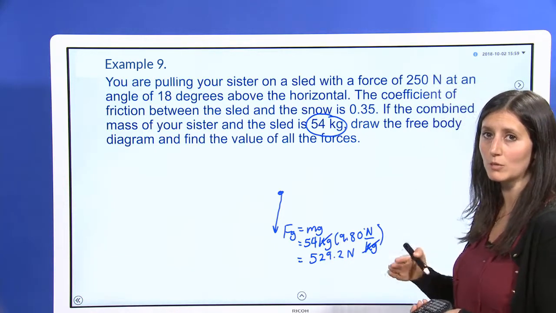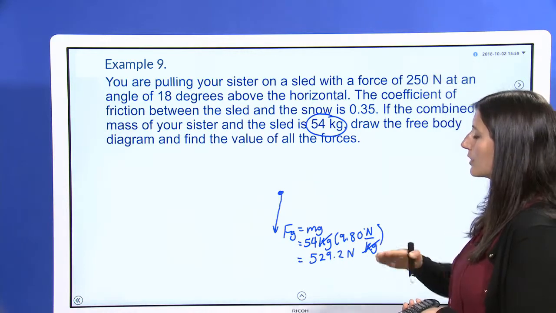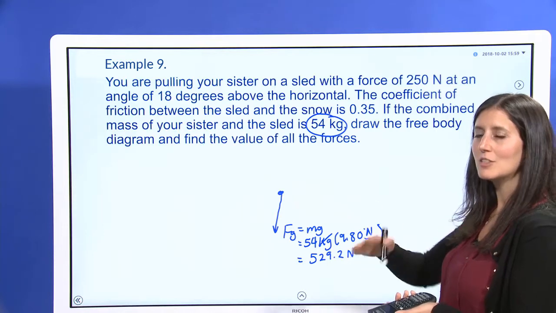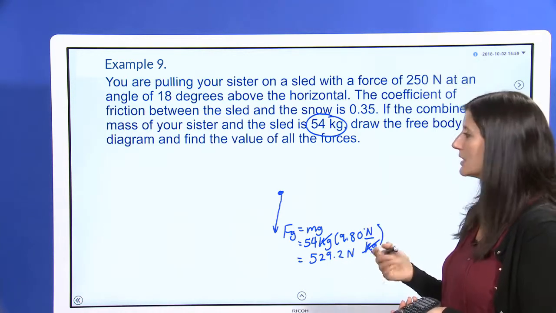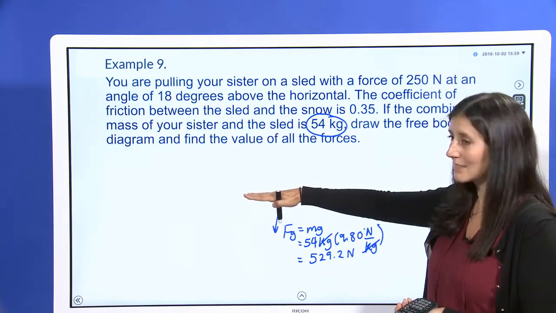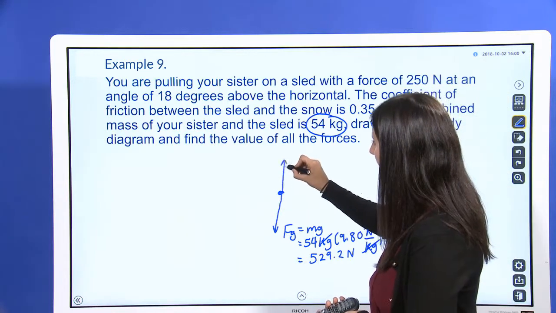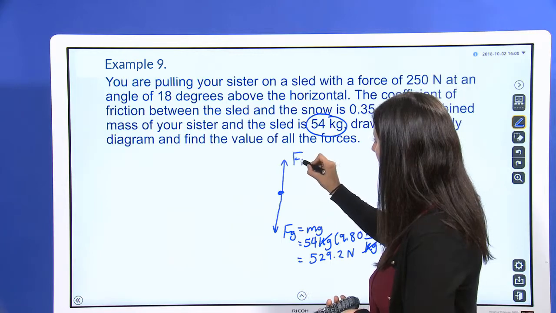So I'm going to assume the ground is level. So if the ground is level, my sister and the sled are on the surface of the ground, so that means that there must be a normal force acting perpendicular to this level surface or horizontal surface, so it would be pointing upwards. This is my normal force.